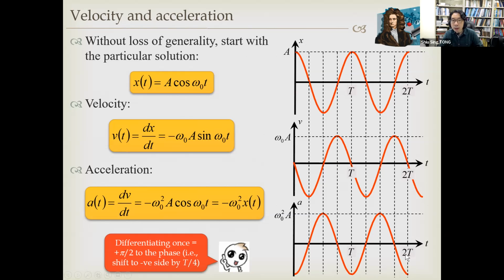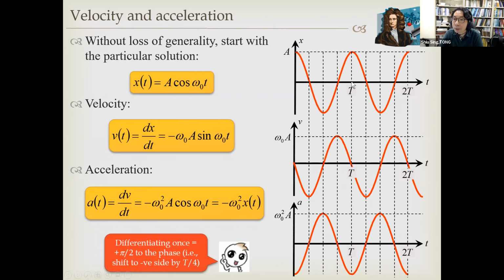An interesting thing to note is the following. Whenever you differentiate a sinusoidal function, like for example cosine, you can see it changes. The first change is from a cosine to a minus sine. If you look at these two figures, it just amounts to a shift in the curve in the negative x direction by a quarter of a period.